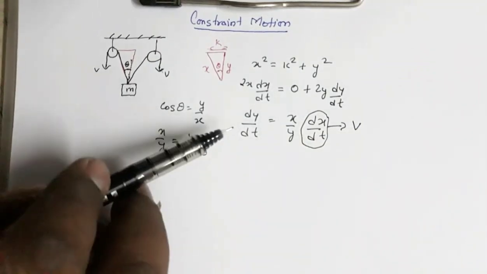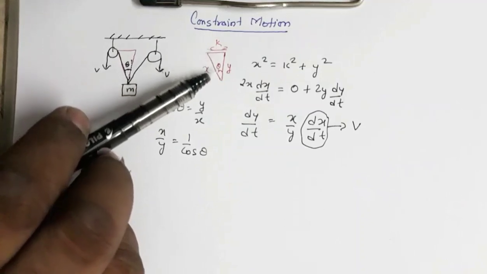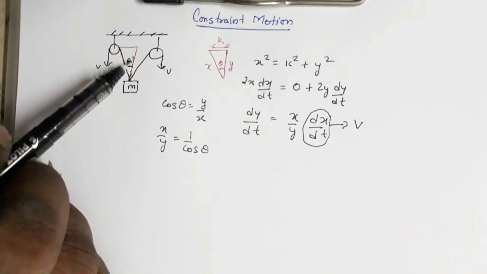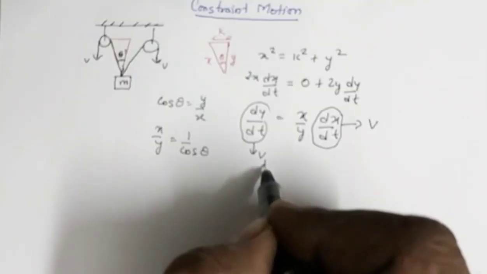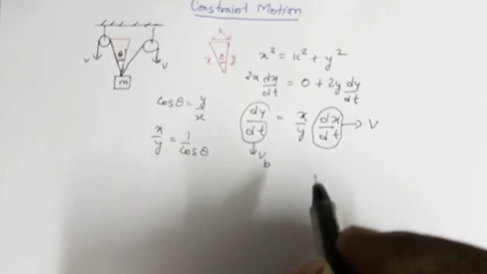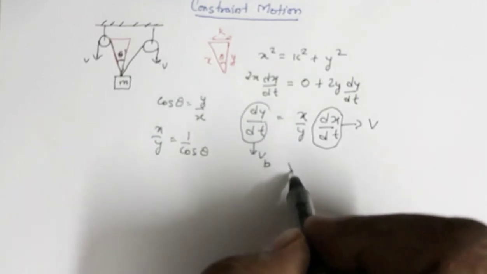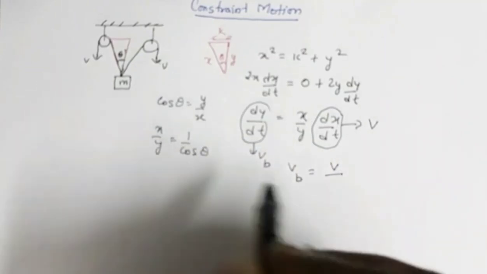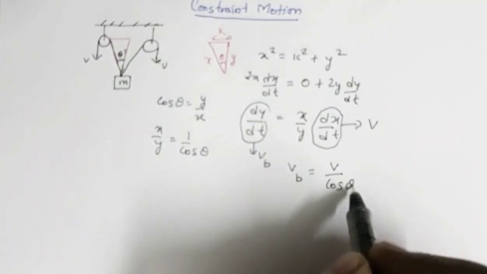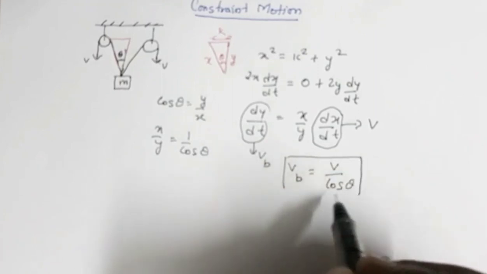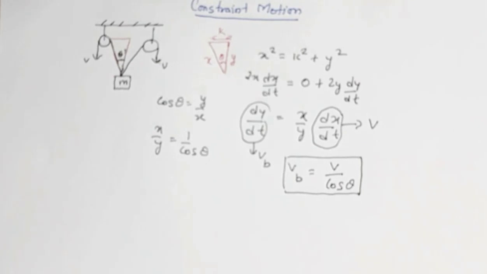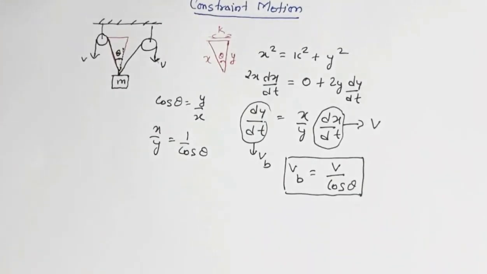And dy by dt is the rate of change of this length, which is the velocity with which this block rises up. So velocity of block is equal to v times x by y, that is v by cos theta. So this is the velocity with which this block will rise up when the two ends of the strings are pulled in the downward direction.